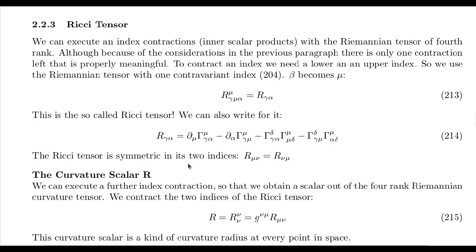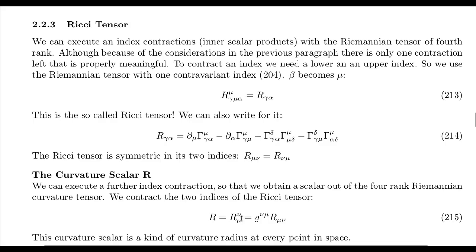Okay, and then of course it is possible to carry out another scalar product. That means we use here the metric tensor G to get one contravariant index in the Ricci tensor. So we have here mu, nu, co and contravariant.